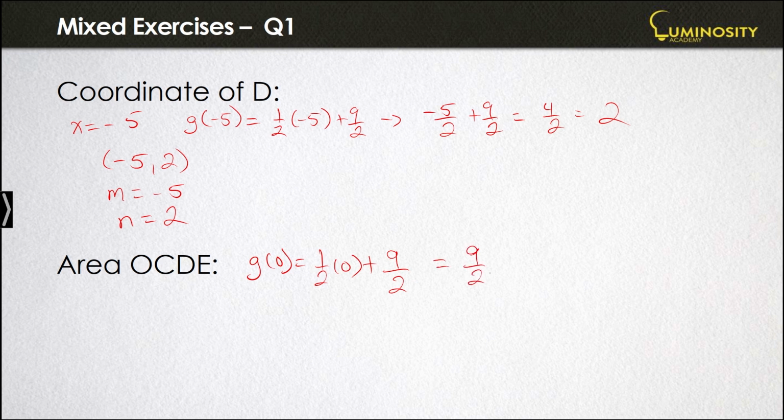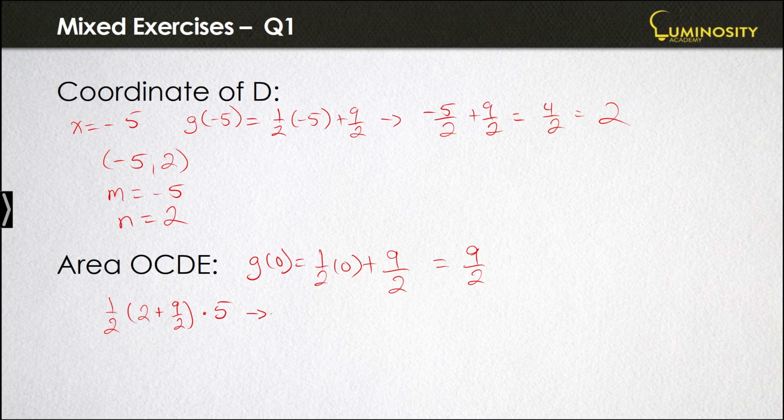Our equation is then 1/2 times, remembering we had 2 for the first base, this base is now 9 over 2, multiplied by the height, which is 5.